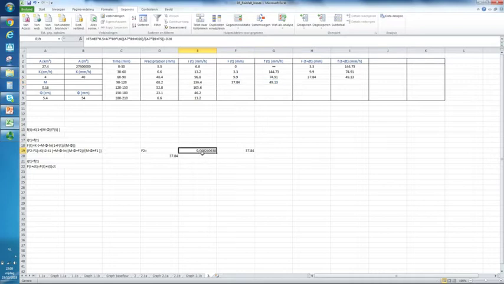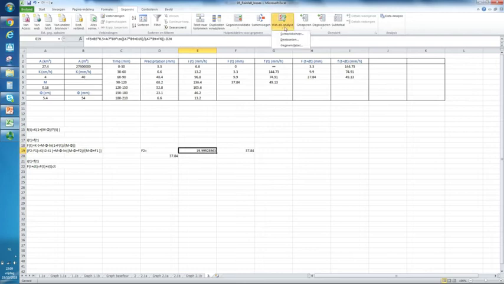So now we need to refer not to the start of the previous interval, but to the start of this interval. So let's drag this like this, and then we should have the formula here already. And of course now it's not correct.